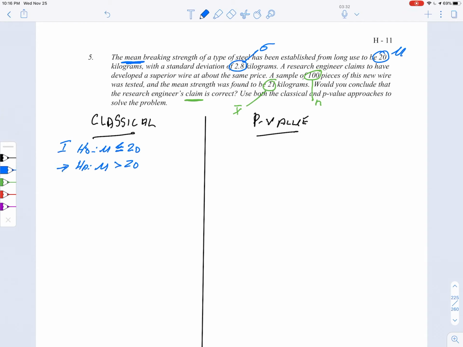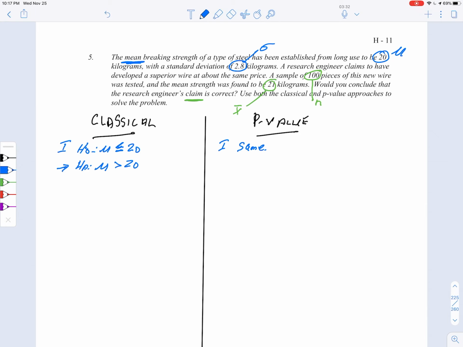What I usually do is make this less than or equal to 20, because what we're really doing is we're trying to disprove the null hypothesis, we're trying to prove that the new wire is better. And so we're only interested if the mean is greater than 20. If it's less than 20, well, that just supports the old wire, right? So here's your hypothesis that mu is less than or equal to 20 against the alternative that mu is greater than 20, a superior wire.